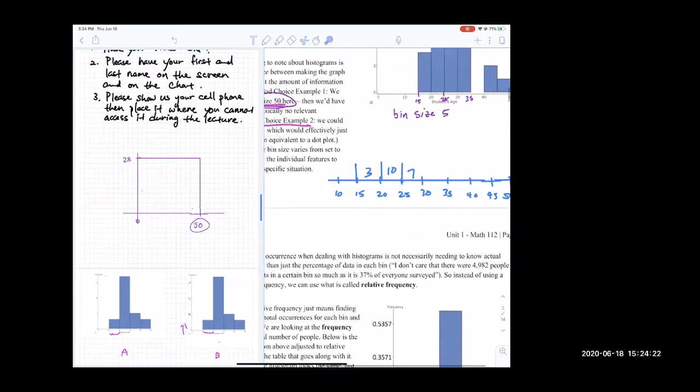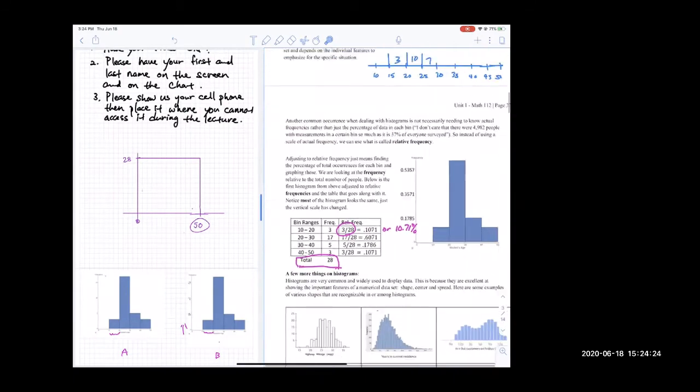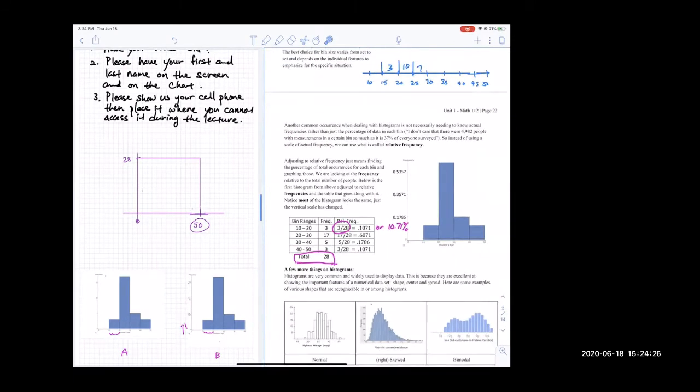Now we're looking at what we call the relative frequency histogram. The relative frequency histogram and the histogram are very similar. It's just that one shows the frequency, how many times each class, or what we call the bin, occurs.